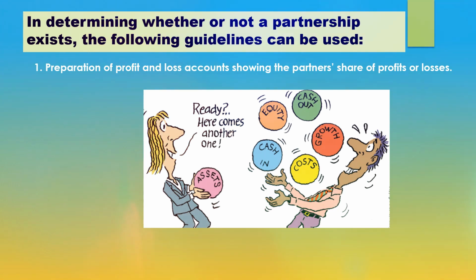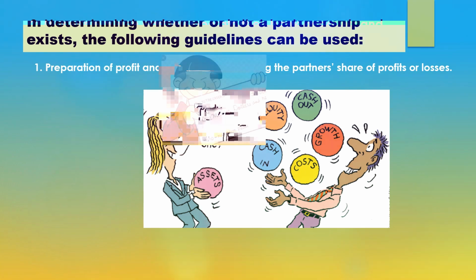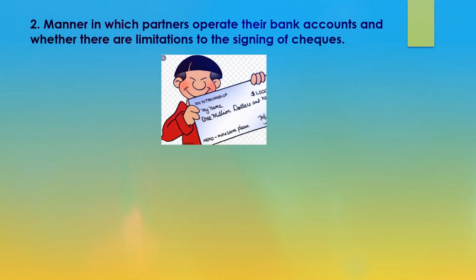So, if the company or the partners prepared a profit and loss account that shows each of the partners' share of profit and losses, then it can be categorized as a partnership. Number 2, there is a certain manner in which partners operate their bank account and whether there are limitations to the signing of checks.